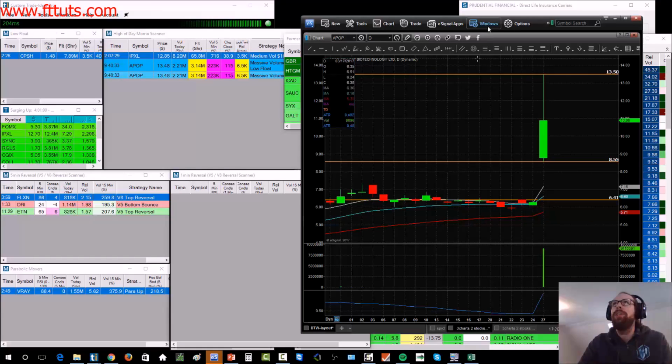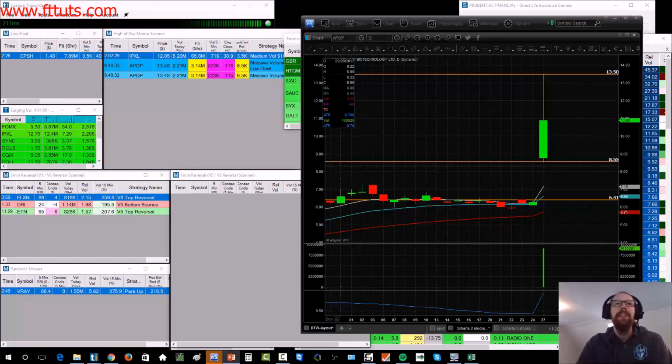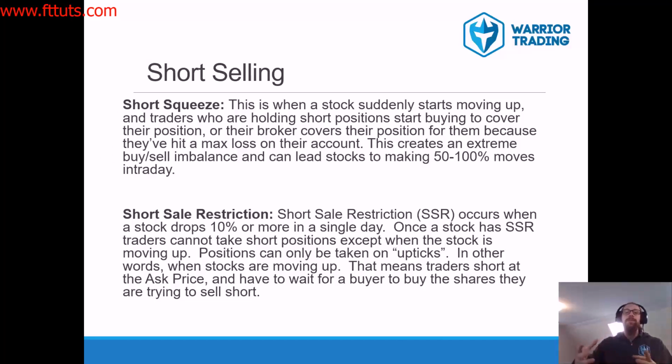Now, in addition to the short squeeze, you also have something called the short sale restriction. And this is when I start to feel that the market has institutionalized a systematic long bias. Over the course of the last 100 years, the market has continued to go up.